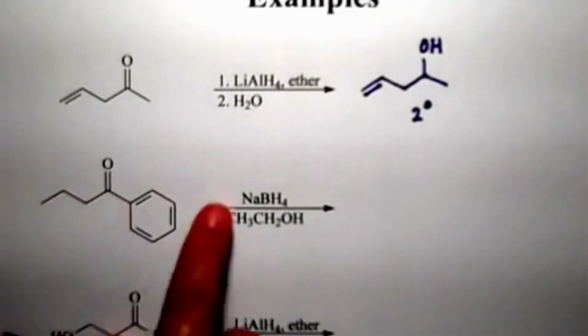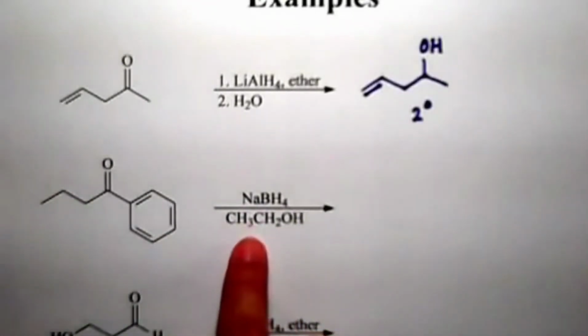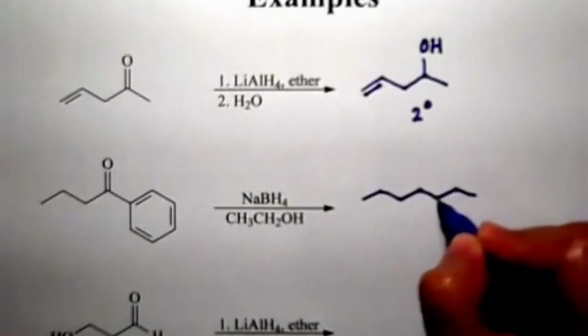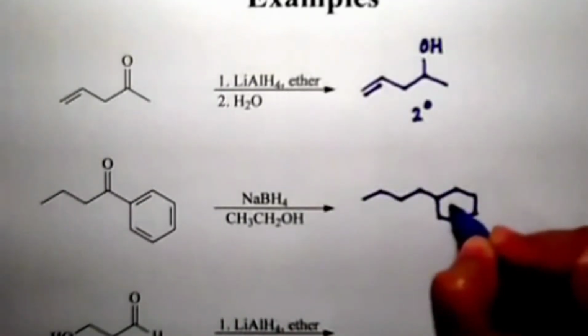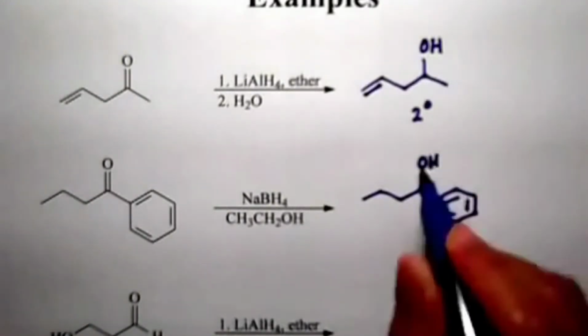This is another ketone. I'm using sodium borohydride. Notice that I still have an alcohol. This one is ethanol, but all I'm going to be doing is reducing the carbonyl. I'm not going to touch anything else in the molecule. The one at the bottom is an aldehyde. And notice that I have an alcohol on the left.